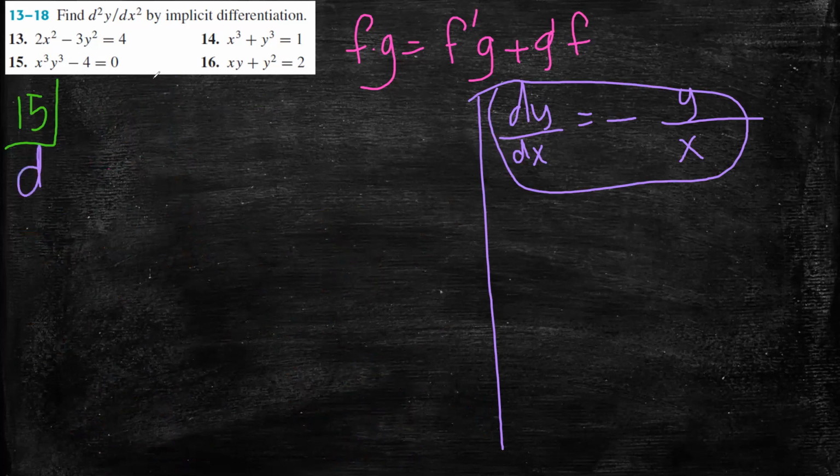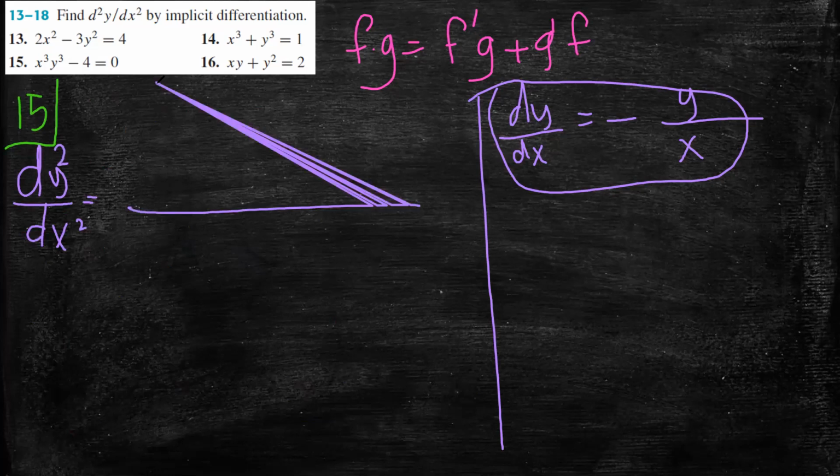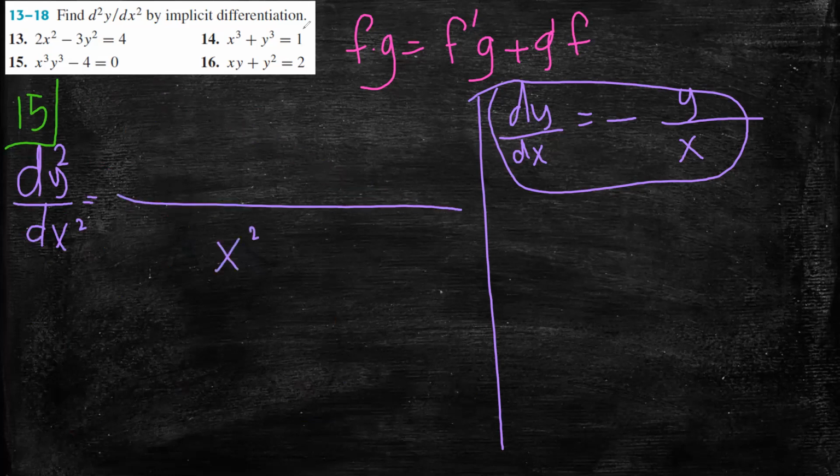So dy over dx, or the second derivative, sorry. Let's write down x squared, since this is g and this is f. So x squared, g times f prime.